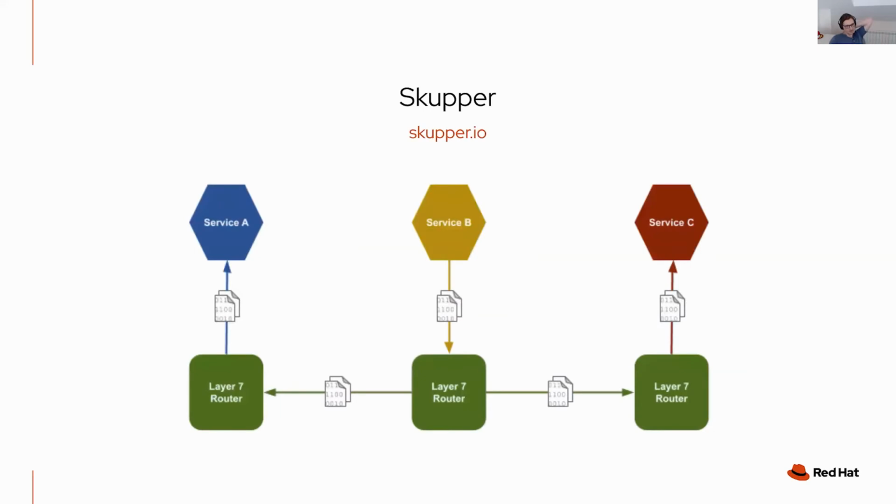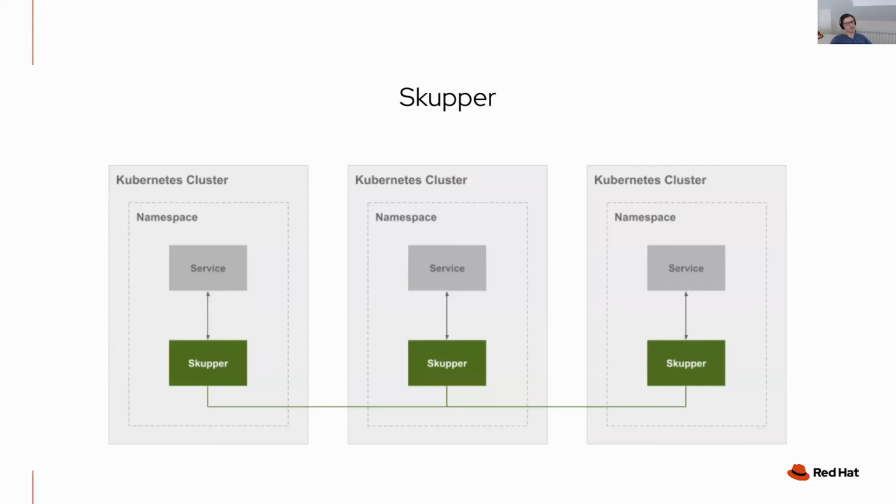And for that, Red Hat is working on the Skupper project and technology, trying to provide exactly this. So layer 7 routing and a layer 7 overlay network between multiple clouds or multiple edge locations, and providing proxies for different kinds of services to be able to easily use this network.